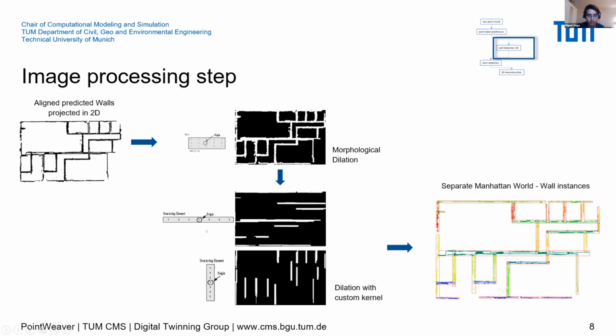In this case, we perform with a horizontal and a vertical kernel so that we can isolate the horizontal and vertical aligned walls, as you can see here. And then we can extract easily the middle points of horizontal and vertical walls and work with them for the next steps.